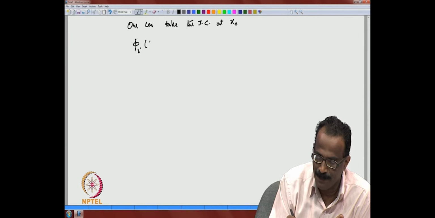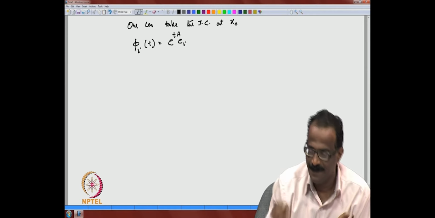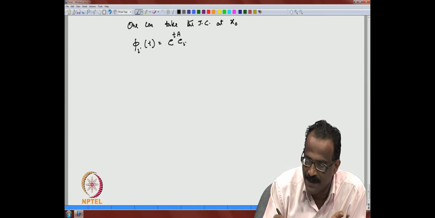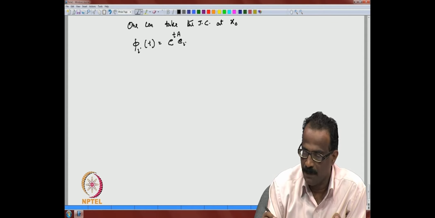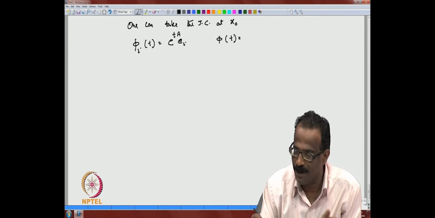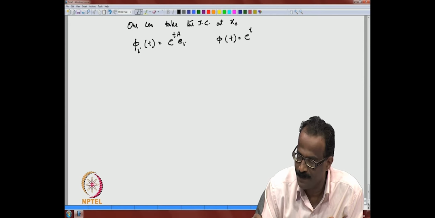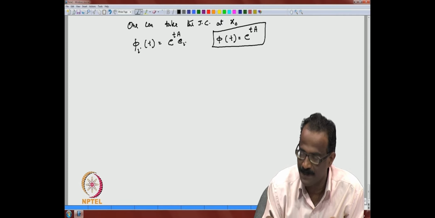Phi i t is nothing but e power t A E i, right. E i is the basis vector, that is not a problem. And what is your phi t? Your phi t is nothing but, arranged in columns, your flow, you see.